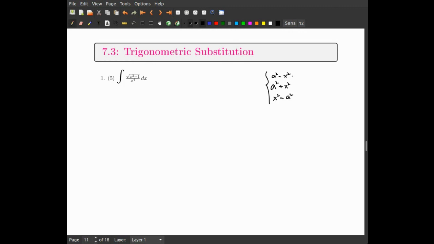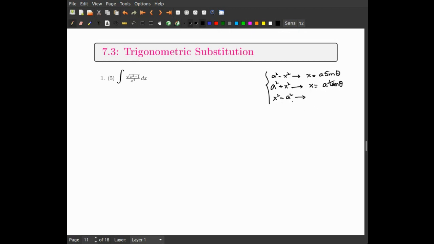If you have that situation, there is a straightforward strategy to follow. If you have a square minus x square, then the trig substitution will be x equal to a sine theta. If you have a square plus x square or x square plus a square, either is okay, then x should be replaced by a tan theta.